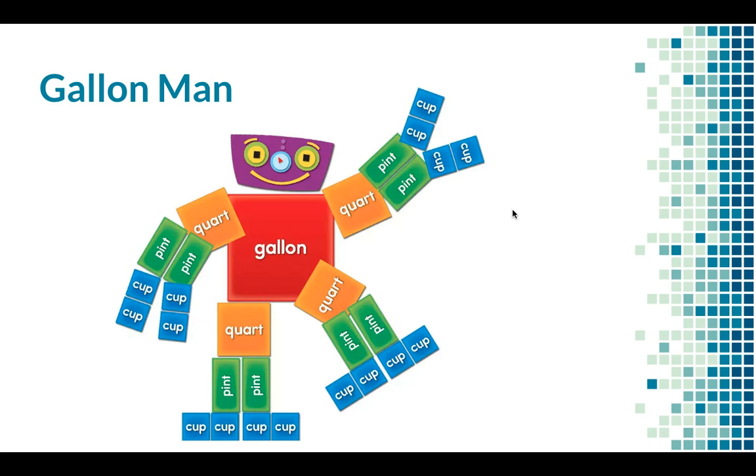So it would take 16 cups to make just 1 gallon. It will take 8 pints to make 1 gallon, or it could take 4 quarts to equal 1 gallon. Again, if you look, gallon is our largest unit that we're learning about, while a cup, just this one little blue box, is our smallest unit we're learning about.